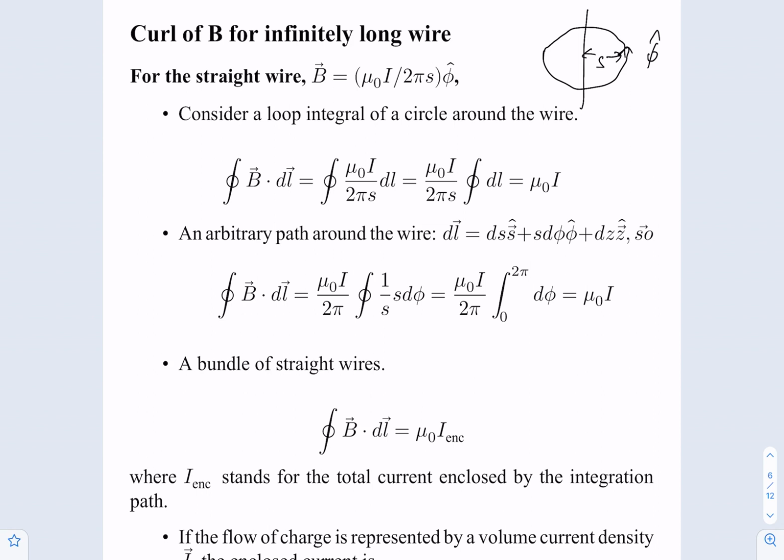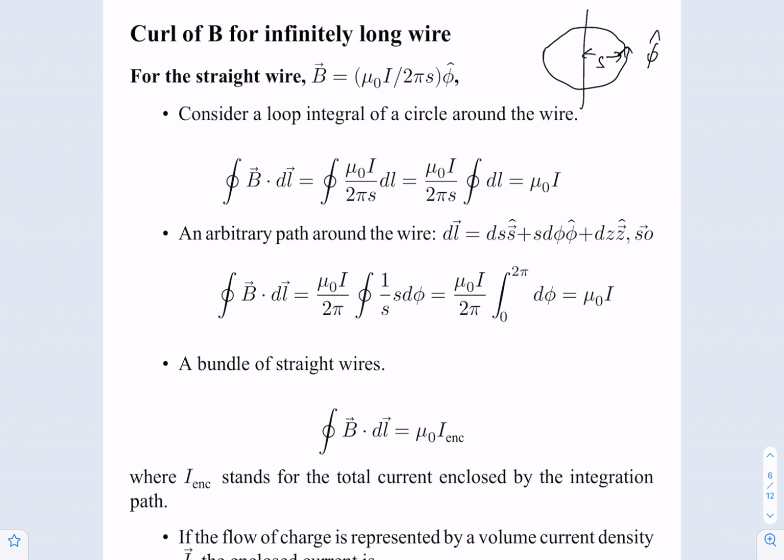If you do this integral along an arbitrary path, you see that the dl can be separated into the s direction, which is the radial direction, the angular direction, and the z direction. However, because the B field is only along the phi direction, the B dot dl will throw away these two terms, and only the angular term will be left over.